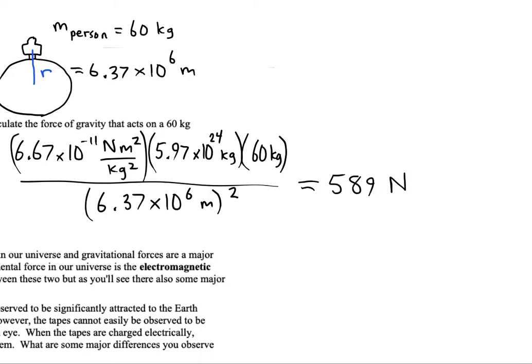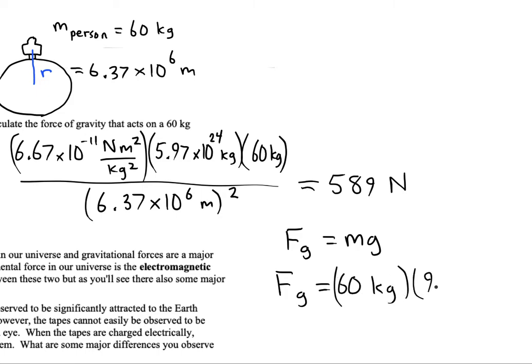Keep in mind, we could have approached this a different way. We could have used the formula Fg equals mg, because we do know the gravitational field strength near Earth's surface. So we could have done 60 kilograms times our 9.8 newtons per kilogram.